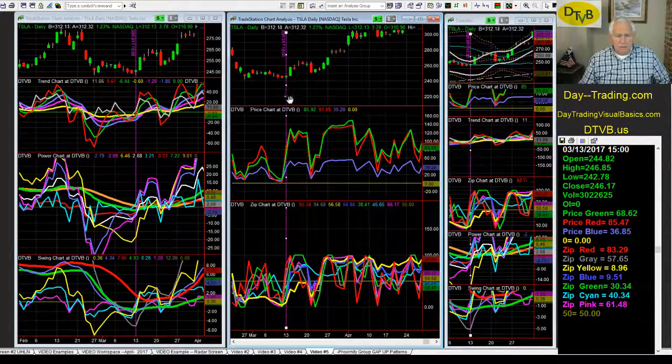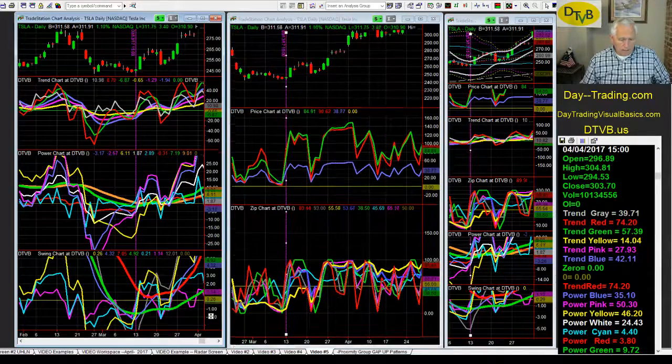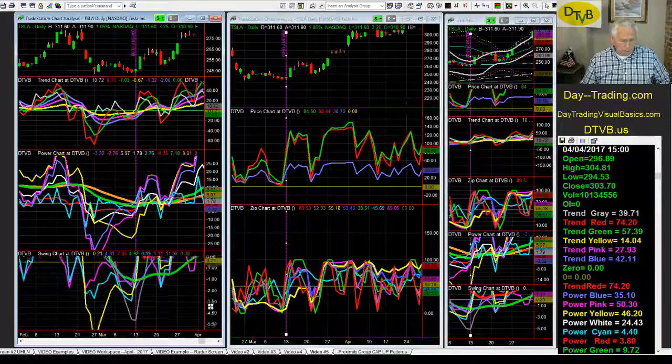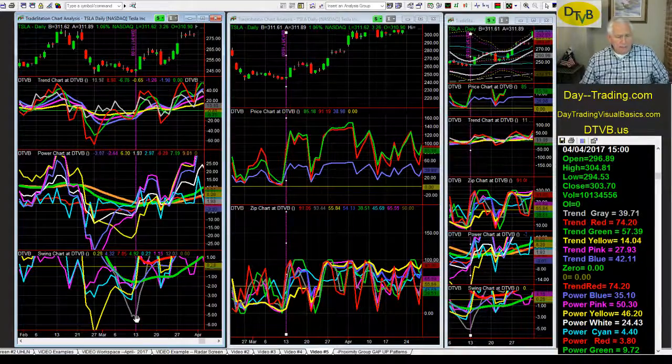And this day that the pink line is on, you can see that we're basically at the bottom of a trend. By that I mean, if you look over here into the swing chart, you can see that the swing gray is in a low angle down line. I'll move that to show it a little bit better. Obviously a low angle down at a bottom is an indication that next day it's going to go up.